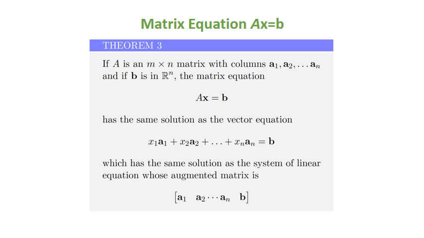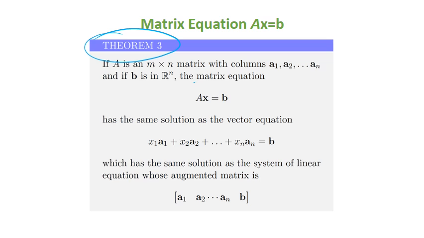Now, as mentioned at the beginning of this video, we're going to see a lot of different notation, but really it is all the same thing. And that is what this theorem here is telling us. This tells us that a system of linear equations can be viewed in 3 different ways.